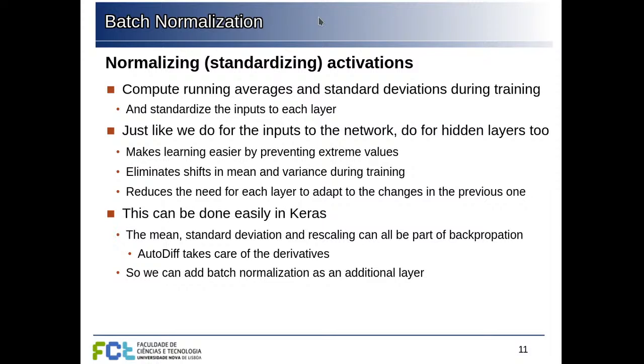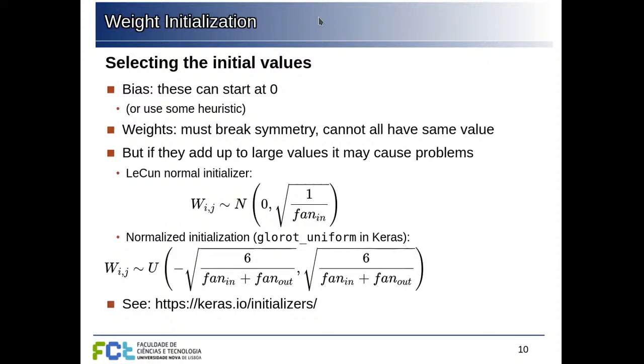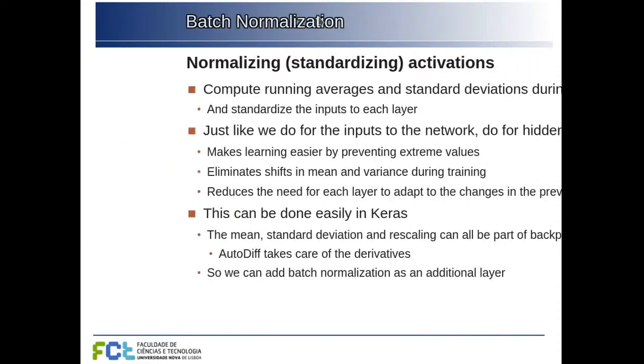So if the magnitude of these values is too high, we need to adjust the others to compensate. But if we always standardize the inputs and always use this kind of initialization, then the learning rate will always be around the same range of values, and we have an idea from the start of where things should work.